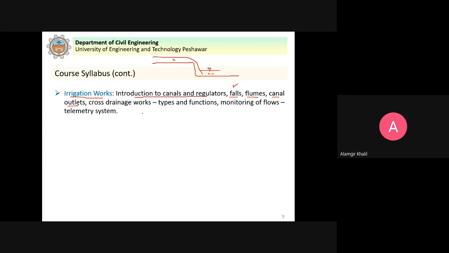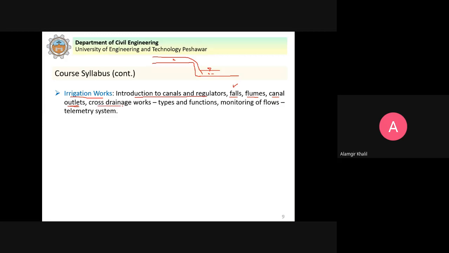The canals carry the water to the agriculture fields, so how can you distribute that water, how can we control and provide the required quantity, and how can we measure the discharge, that is, how much quantity of water is coming to this field? For that we provide structures that are known as canal outlets. We will study about the different types of canal outlets.